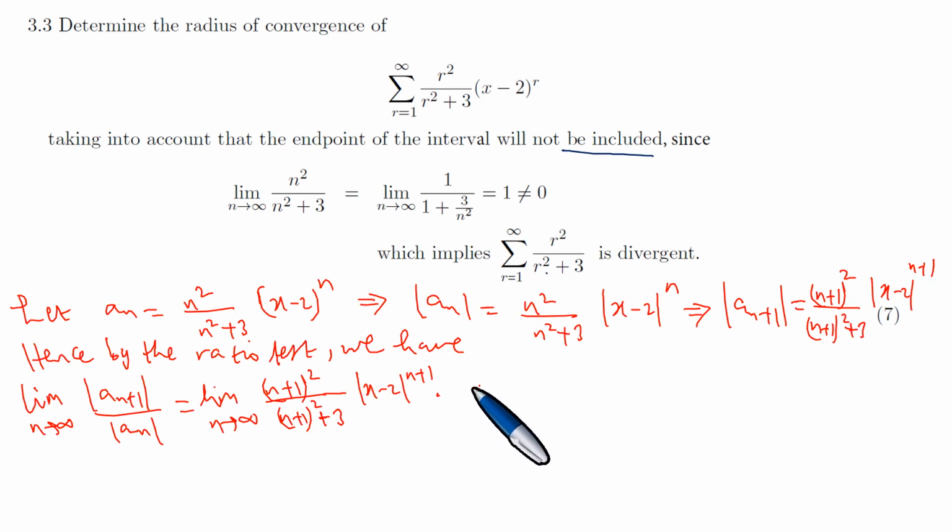You divide by that, which is n squared plus 3 divided by n squared, times x minus 2 to the n. The limit as n approaches infinity.